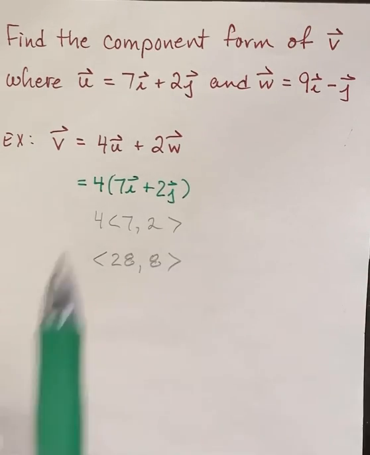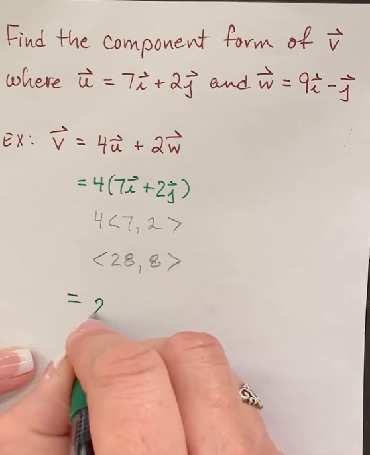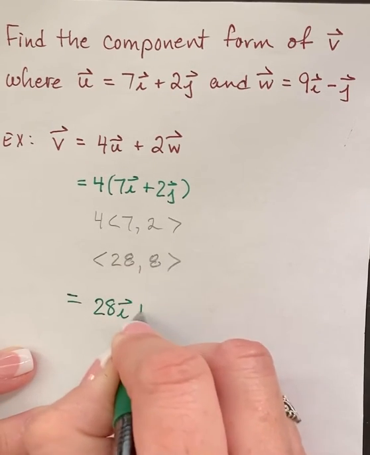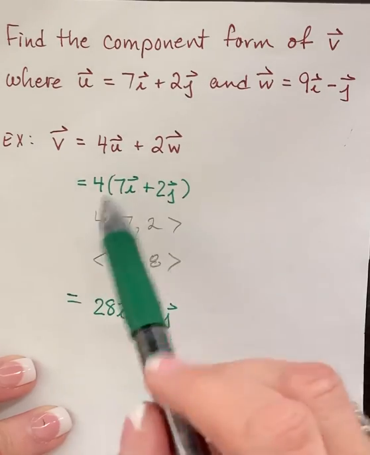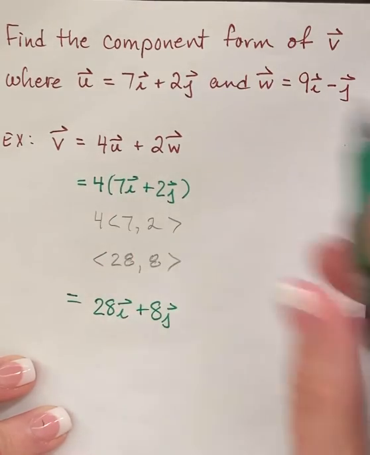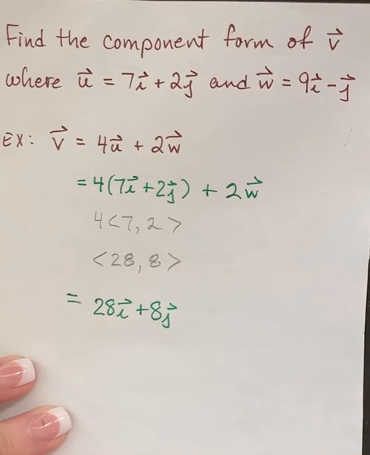So when you do 4 times 7i plus 2j, that's going to be 28i plus 8j. All right, now I wrote that in pencil because you don't really have to put it in component form. Okay, so that's the 4 times u part, plus 2 times w. All right, the same idea.